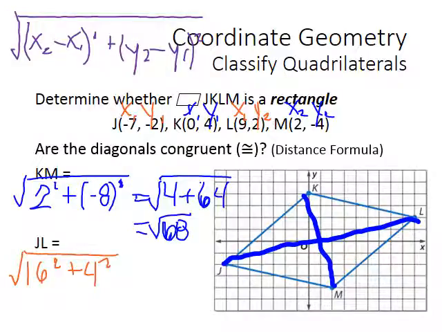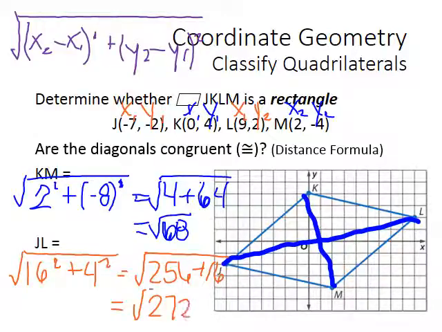All right, let's simplify here. 16 squared is 256 plus 4 squared, 16. And when we add those up, we get the square root of 272. That is not the same as the square root of 68.